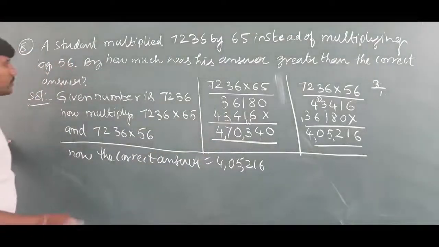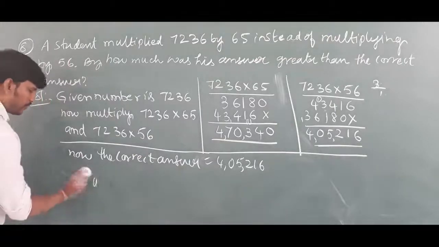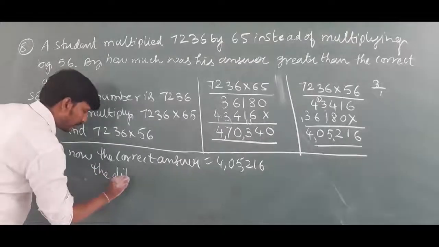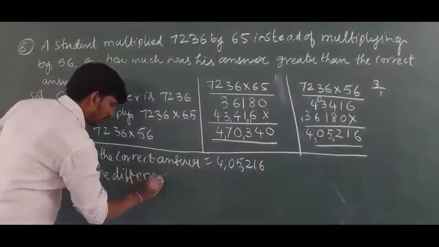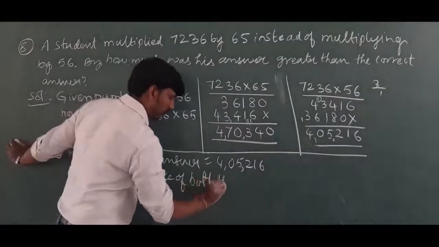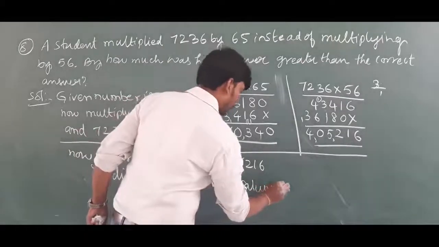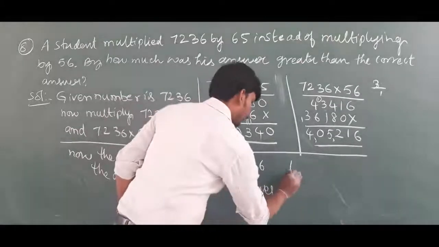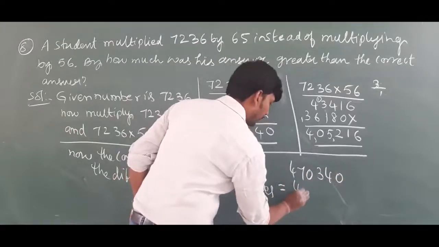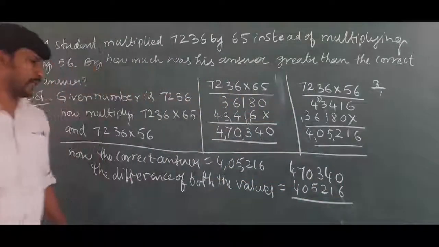Okay, so the difference of both the values is equal to 4,70,340 minus 4,05,216. Just subtract these two, you will get the answer.